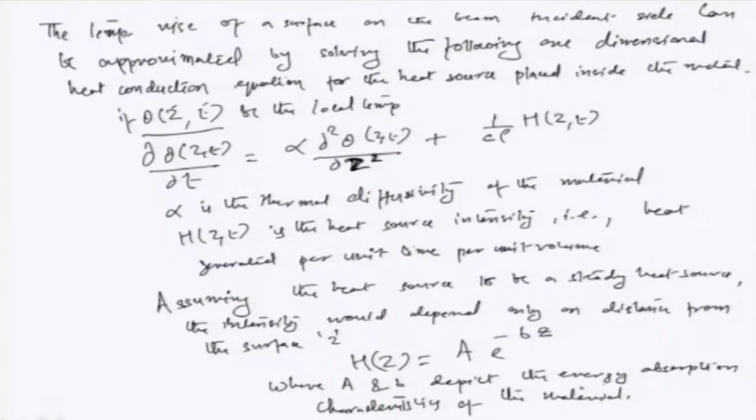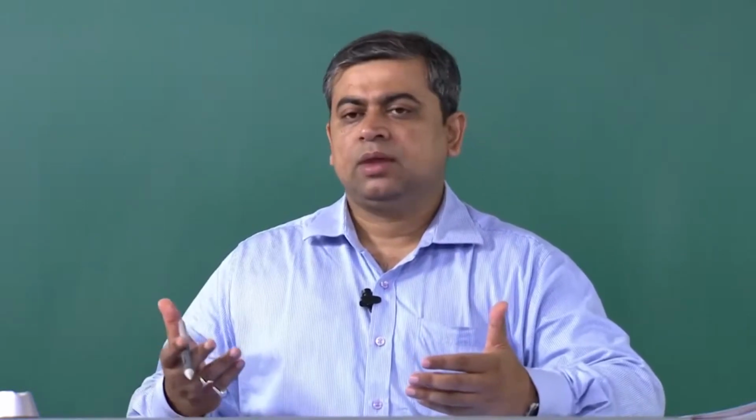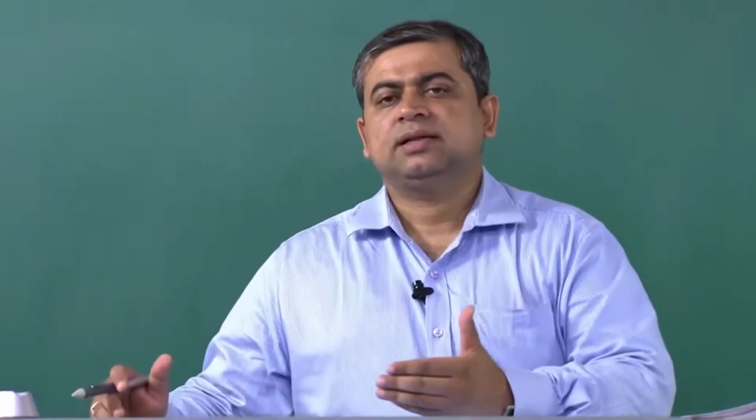So, if we use this heat equation for describing the steady state heat source, as if the beam has hit a surface and it is a cylindrical beam, and the heat conduction across the surface is time invariant. That means it is a steady heat flux into the surface.